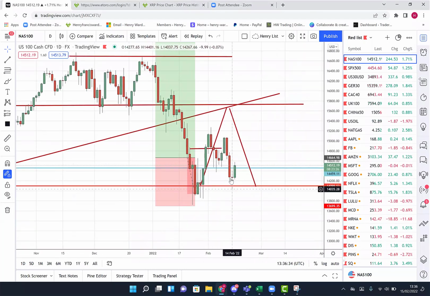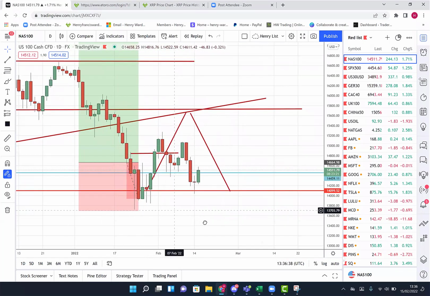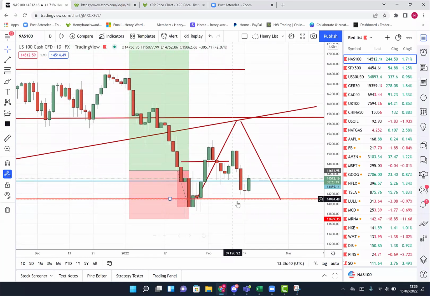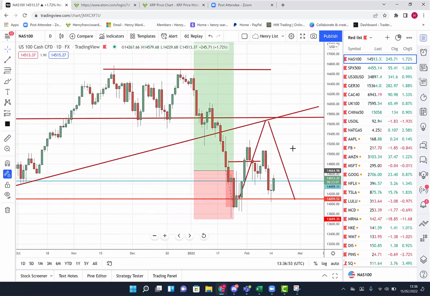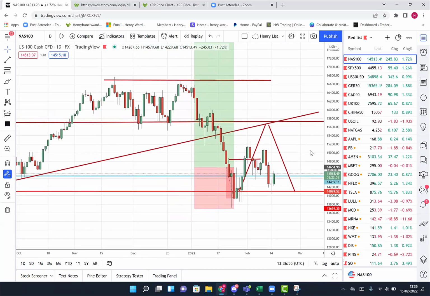Now, would I have expected people to take that trade? Probably not. Why I would not expect you guys to take this is because we've had a lower high here. Yes, we have a higher low, but this is pretty flat. It's pretty sideways. We're at an area where I expect this now to go sideways for a little while.